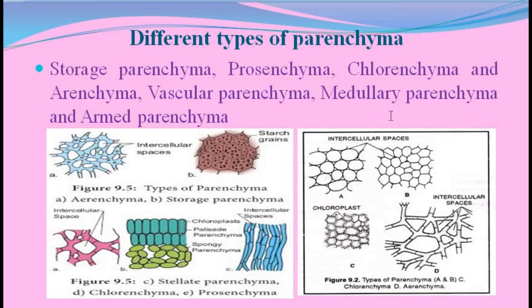Medullary parenchyma is the parenchyma present at the medullary rays. Then the last type is called armed parenchyma. Armed parenchyma is a special type of parenchyma found in the leaf of Pinus, where the cells show invagination, finger-like ingrowths present at the inner wall of the parenchyma.